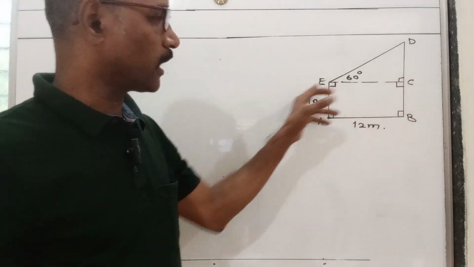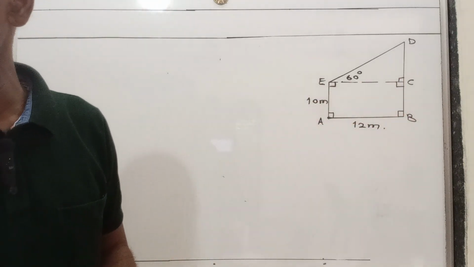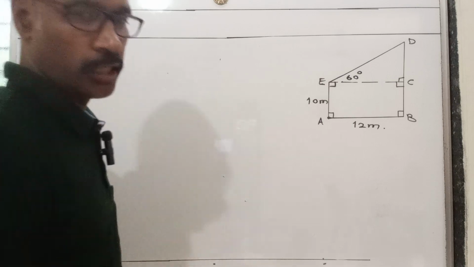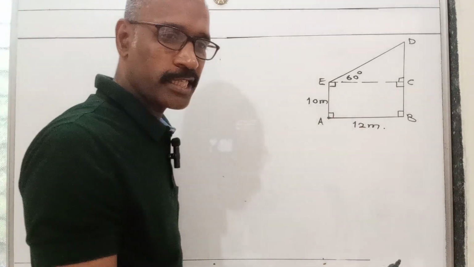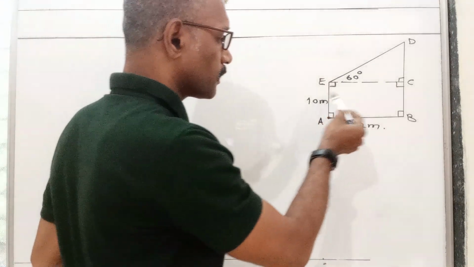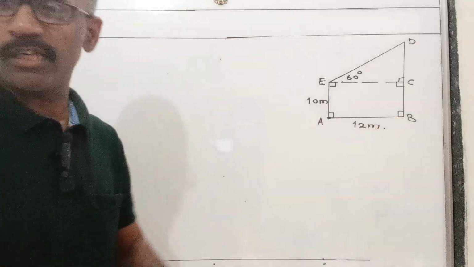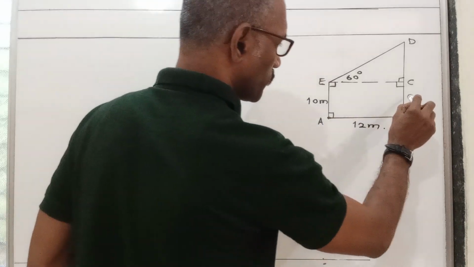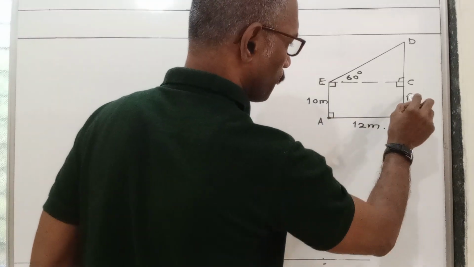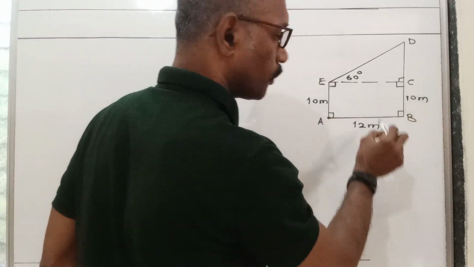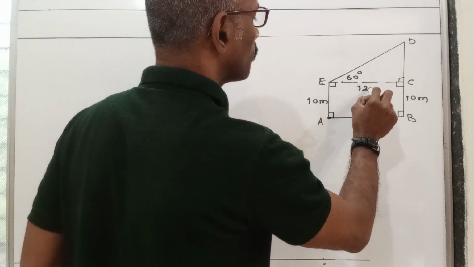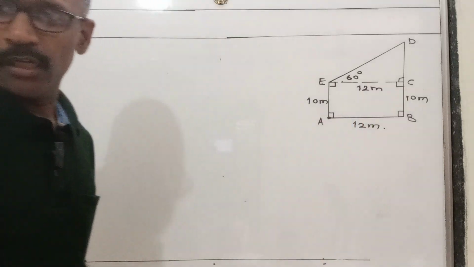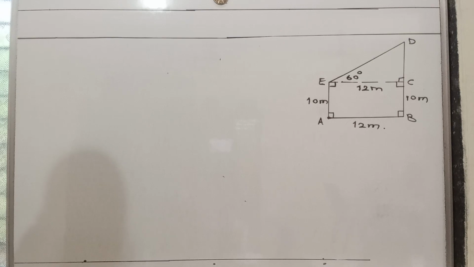Then this right angled quadrilateral is called a rectangle. So this right angled quadrilateral is nothing but a rectangle, and opposite sides of a rectangle are congruent. Did you get it? Opposite sides of a rectangle are congruent.